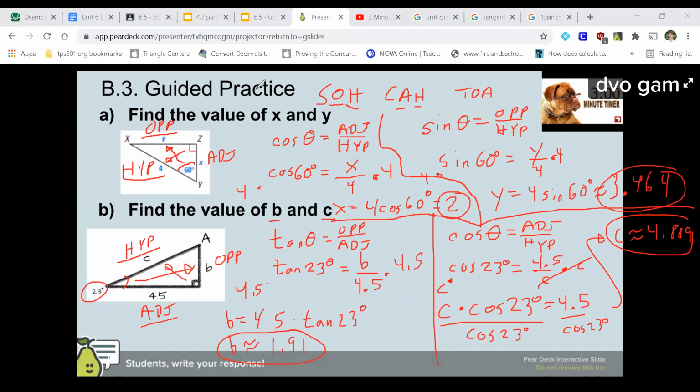So again, if your variable is in the denominator, you can solve it in 2 steps. Just multiply by your variable, and then you're gonna end up dividing by your trig function. All right, any questions about any of the problems we've done so far?